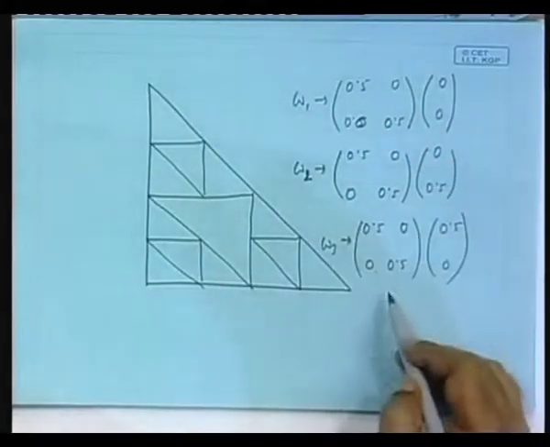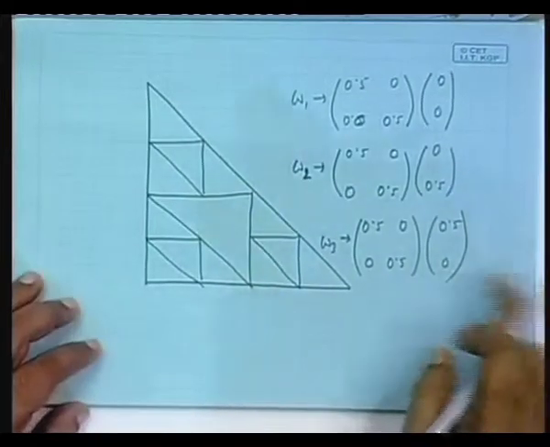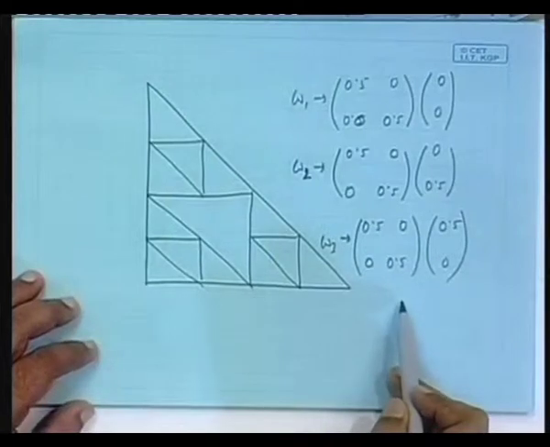This is what we had, no? You check. We had given the, this is what we had given.